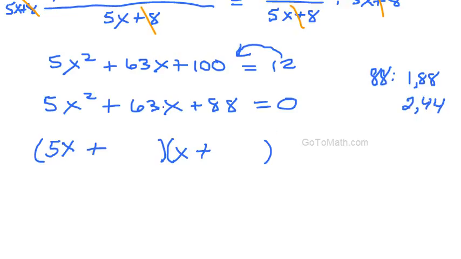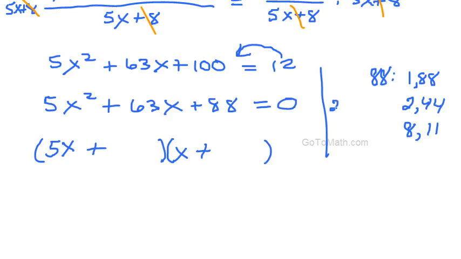Now let's look at this number here, 63. How else can we break this down? This is 11 and 4. So let's see, 11 and 4. We know that 8 and 11 is 88. Let me write over here.